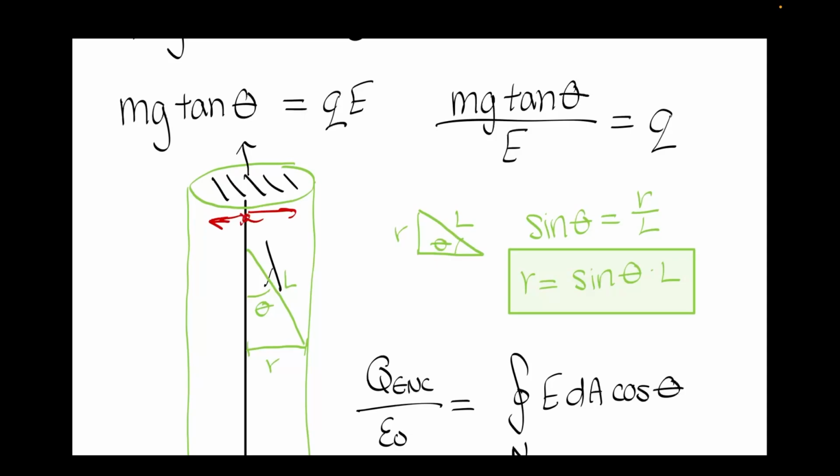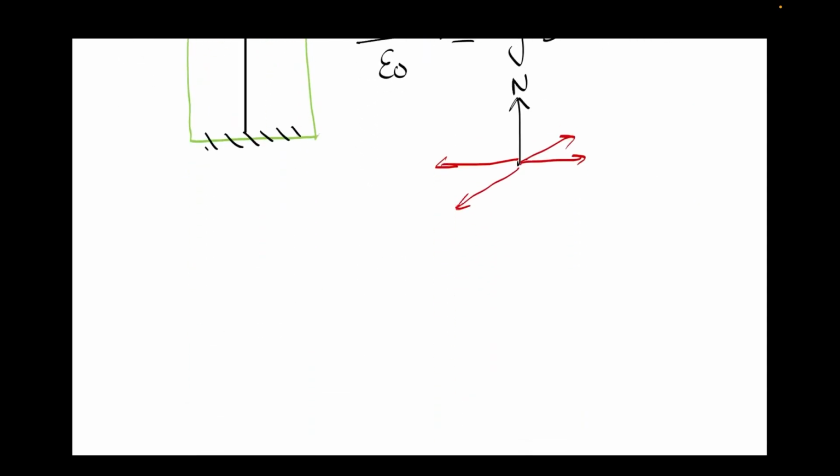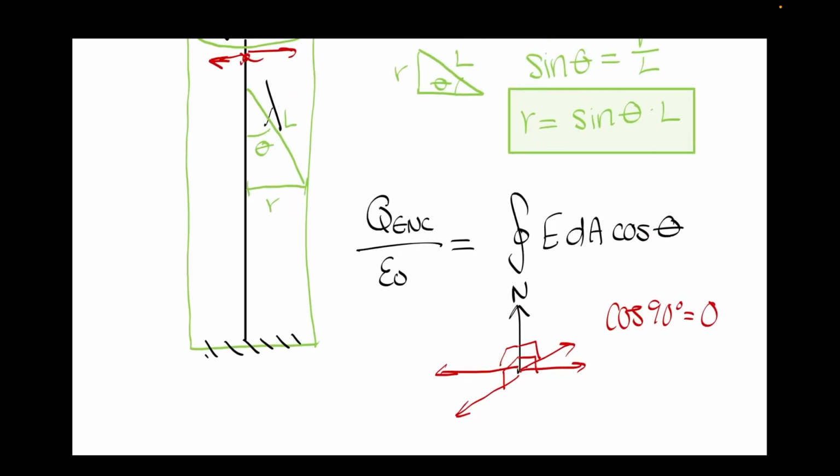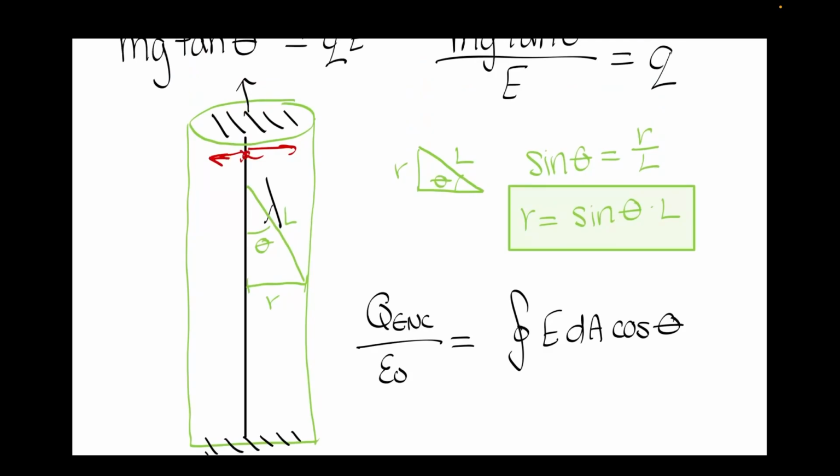It's going to point off in all those different directions, but all these directions are 90 degrees to the normal no matter which way you talk about it. Therefore, the cosine of 90 degrees equals 0. So our caps kind of go away. We don't need to be concerned about our caps because they're just 0. So let's not worry about our caps.